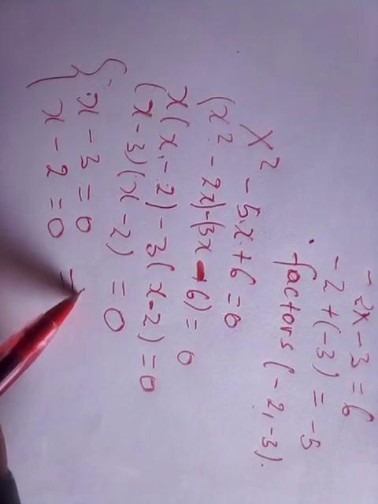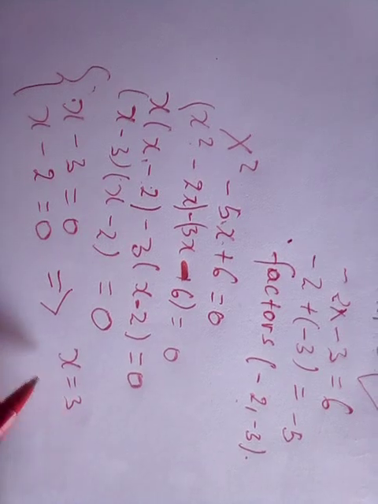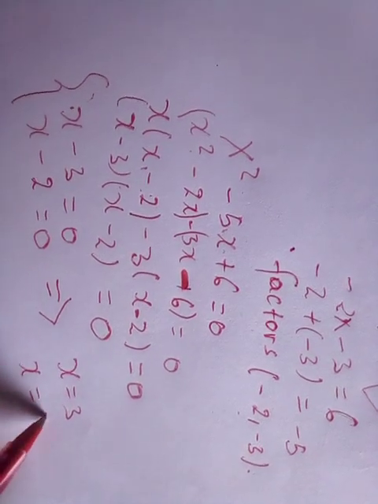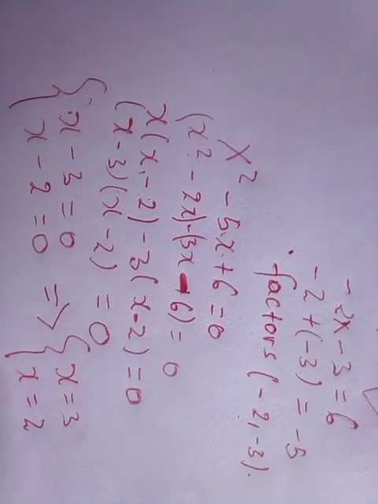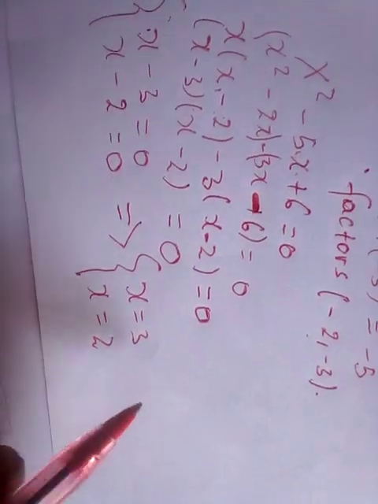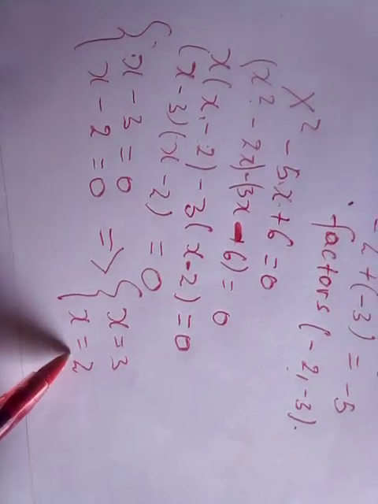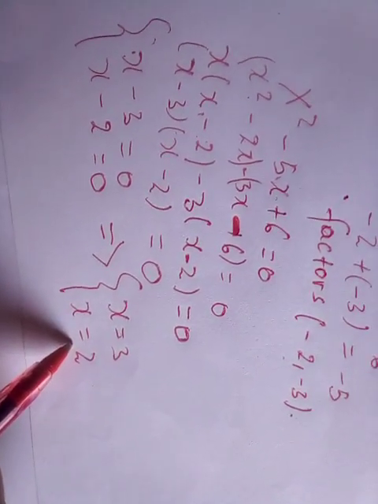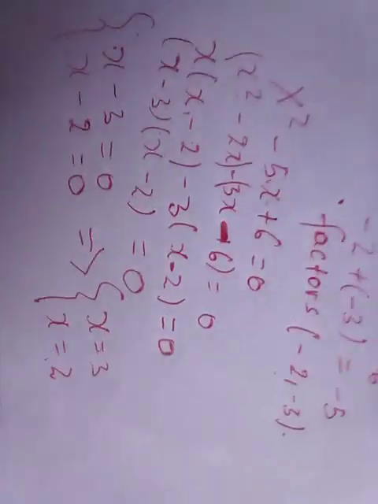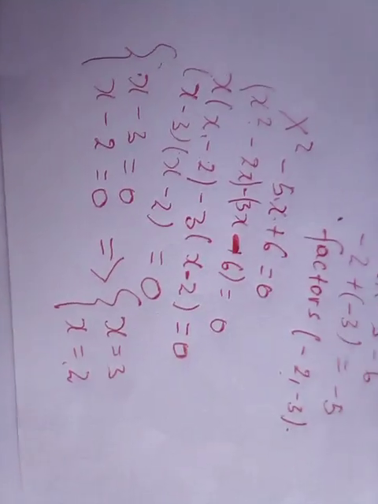Then x can equal 3, x can equal 2. This is our final answer and our solution. x can equal 3 and x can equal 2. This is how you can solve for the value of x.